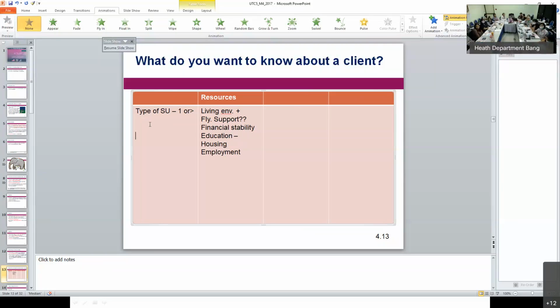So we want to know about the negative consequences, because drug use might have caused the health problem or made the health problem worse. So you want to talk about his health. Okay, what else? What else do you want to know about the client?